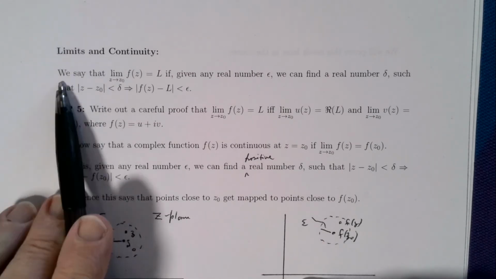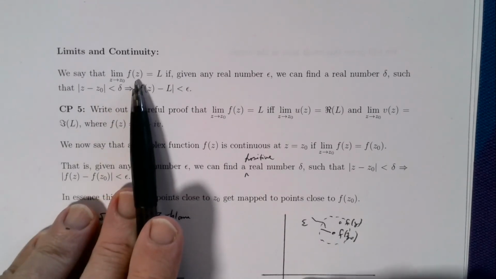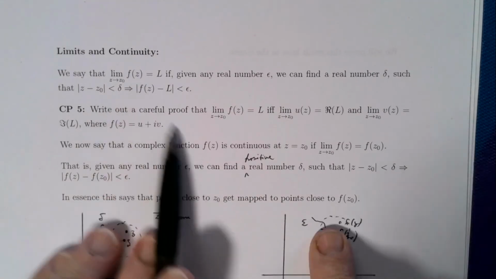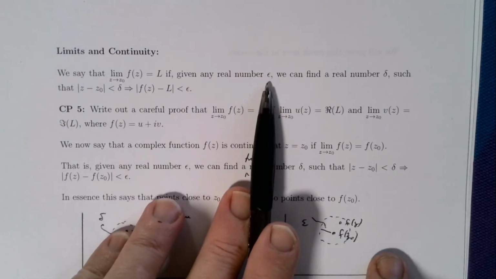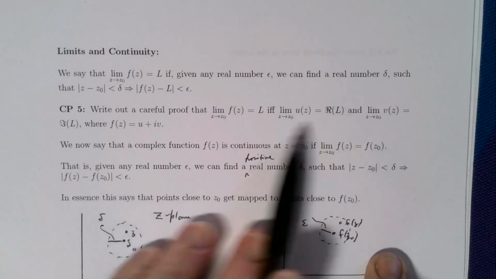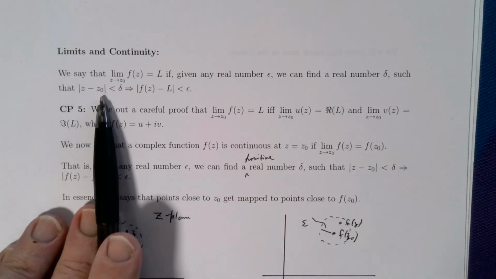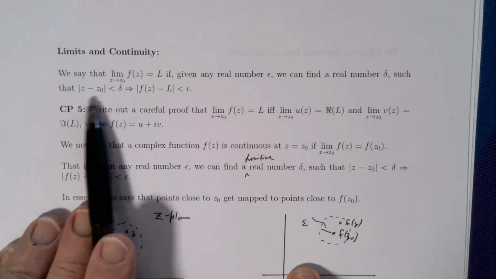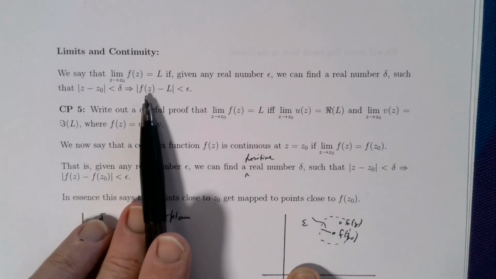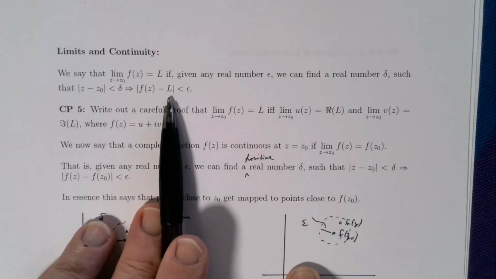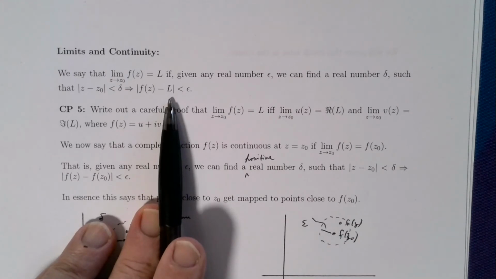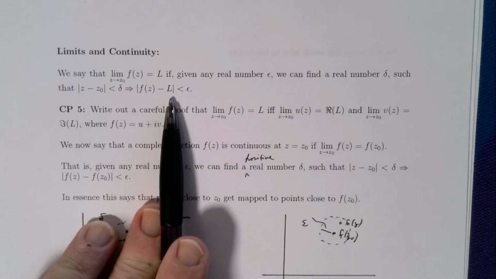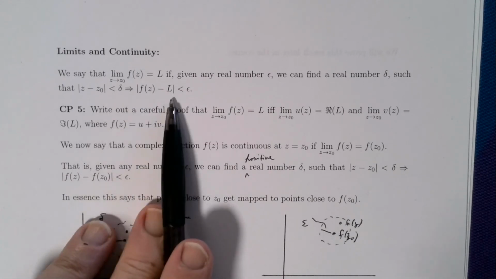So we're going to say that the limit as z goes to z naught of f of z is capital L if, given any real number epsilon, there is a delta such that if z minus z naught is less than delta, so if our z is within delta of z naught, then our f of z is within epsilon of the limit L. If you've done courses in real analysis, you'll see we're just copying exactly across the definition we have for limits back in functions of one real variable. We just replace the x with a z essentially here.